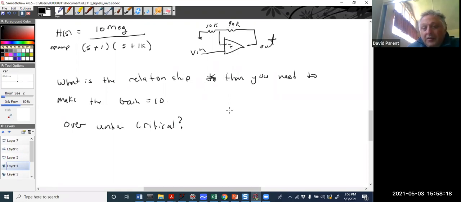And then is it over, under, or critically damped? Which only makes sense if it's a second order function. If it wasn't, you can't really ask that part. All right.